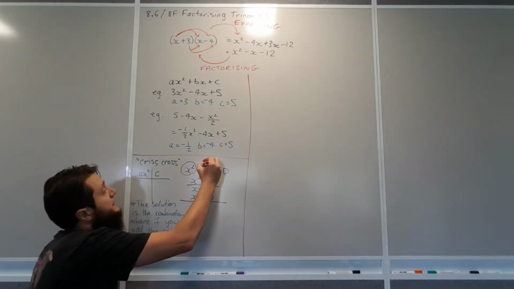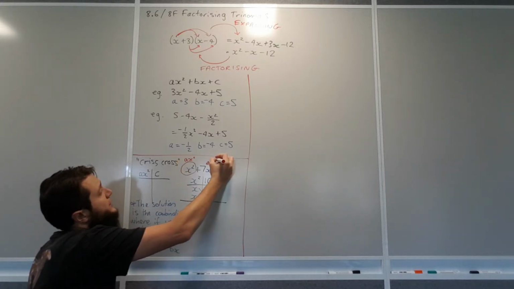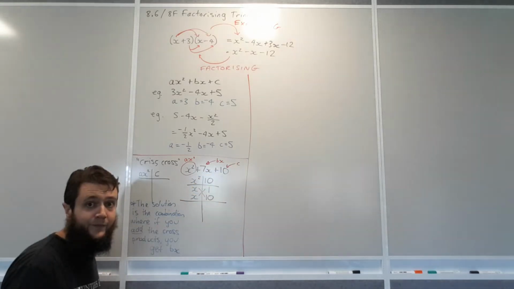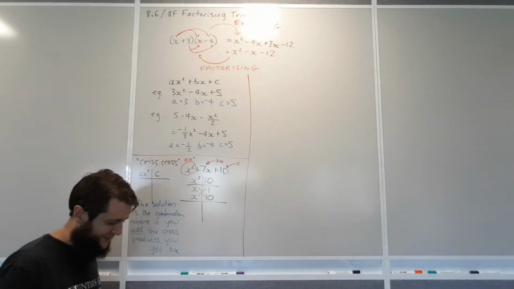So here, remember, that's our ax squared component, that's our bx component, that's our c component. The outcome of all of this is we're trying to get 7x.